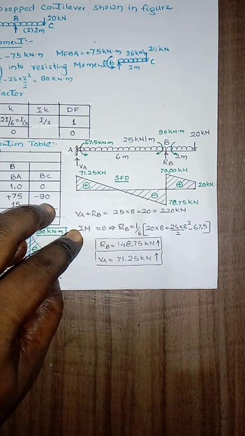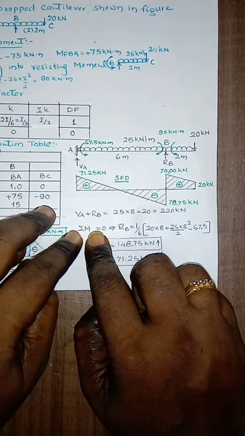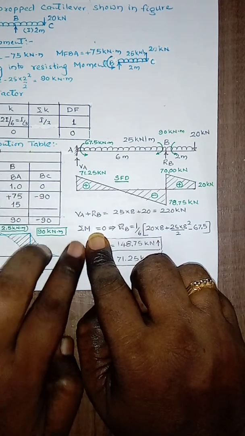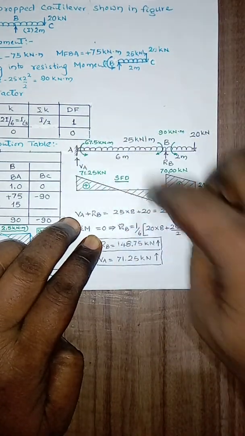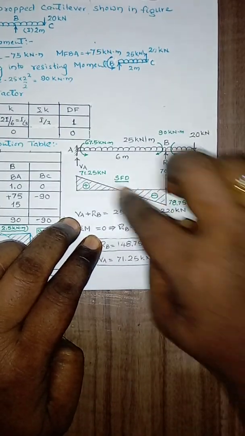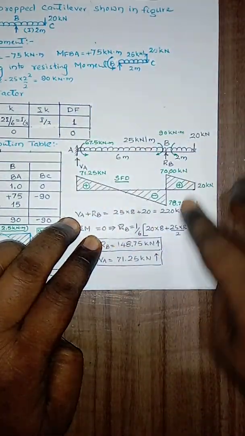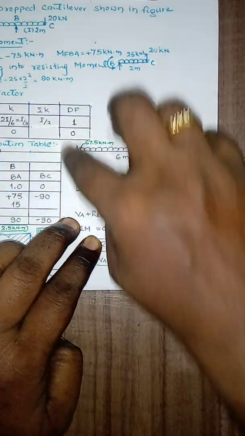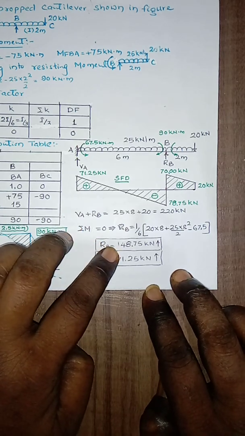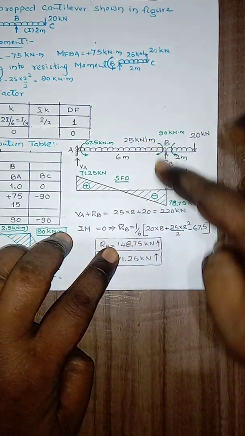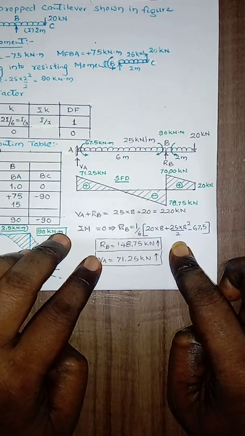Then summation of M A equals 0. By taking moments of all the forces about A equals 0. RB into 6 is anti-clockwise, then 20 into 8 is anti-clockwise, and this one is clockwise, plus 25 into 8 square divided by 2. 25 into 8 is acting at a distance of 4 meter from either end.